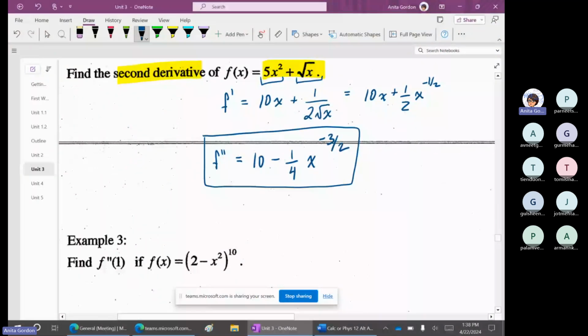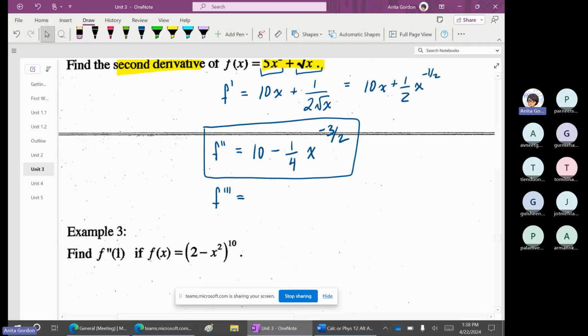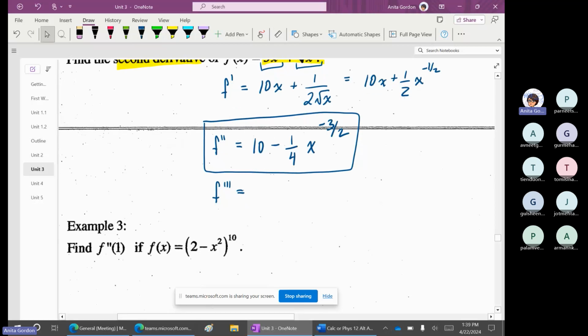Can you do the third one? What would it be now? What's the derivative of 10? 0. Okay, but we can do the other one. Bring the negative 3/2 down. What's my coefficient? 3/8. 3/8 positive x to the negative 5 over 2.